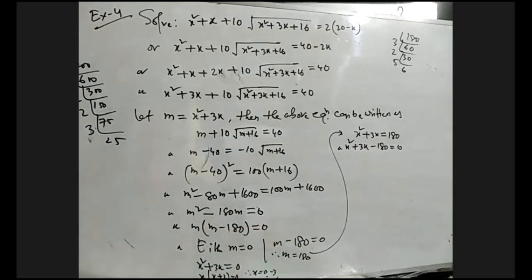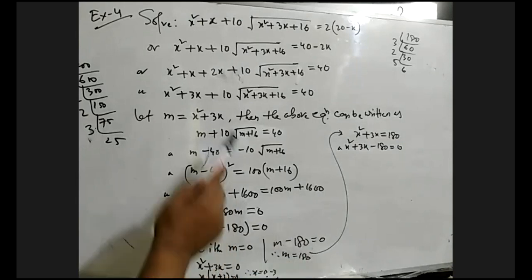Subtracting 1600 from both sides, minus 80m and minus 100m gives 180m on the left hand side. Now taking m common, we get m into m minus 180. So either m equals 0 or m minus 180 equals 0.